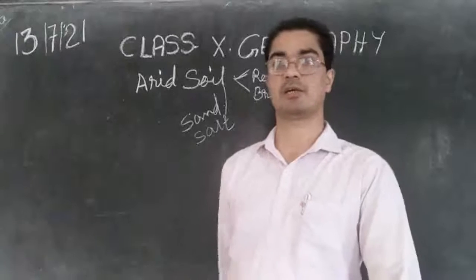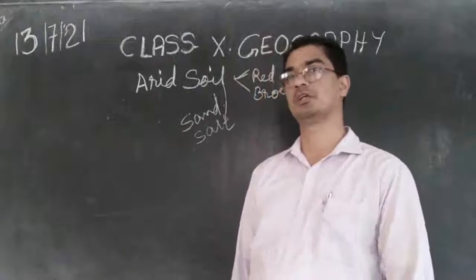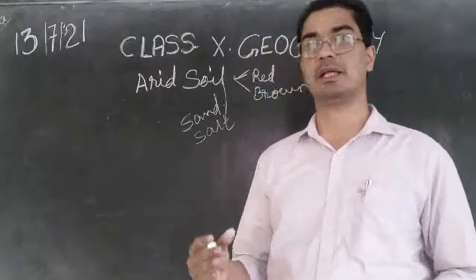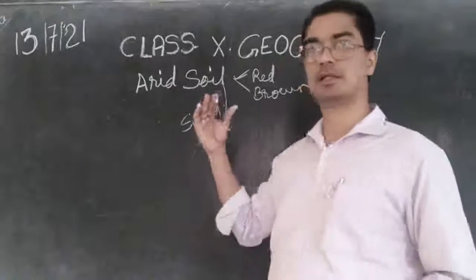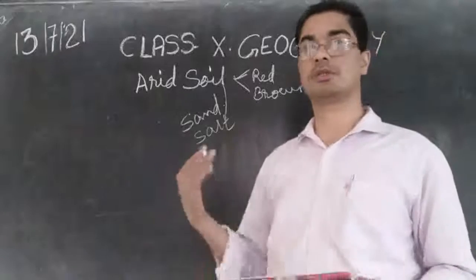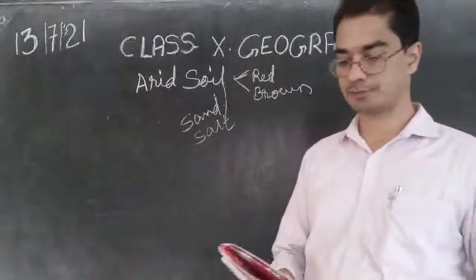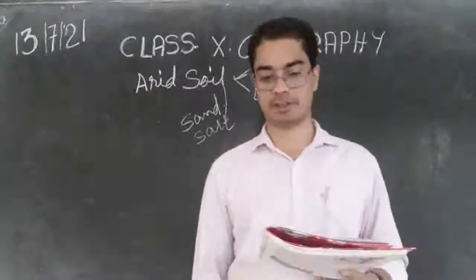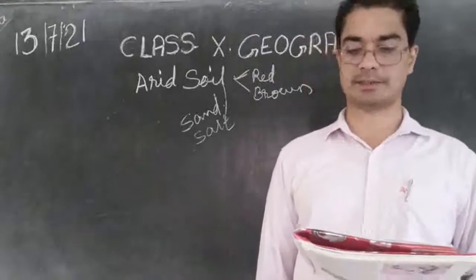We have studied earlier, when we were talking about the northern plains, that kankar is the element that contains calcium. So a lot of calcium is there in this arid soil, far below the earth's surface. So remember, the soil is occupied by kankar, that is, minerals containing calcium.